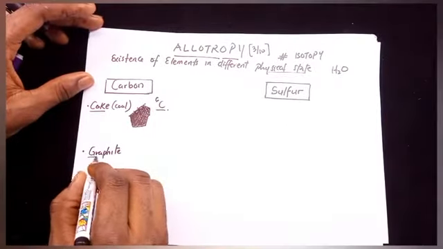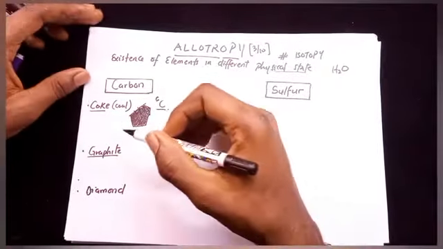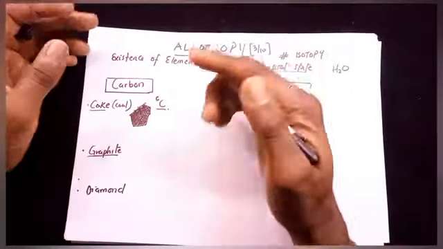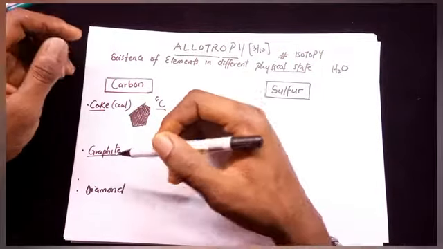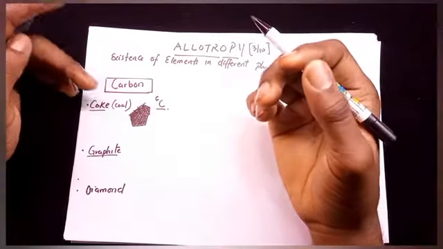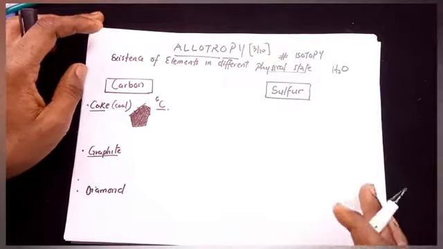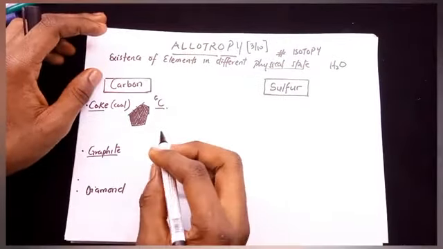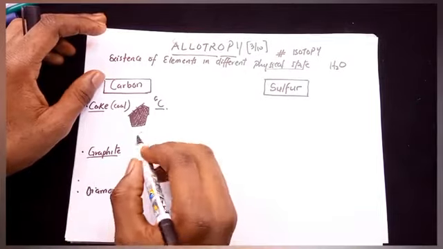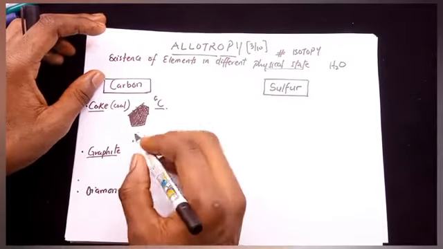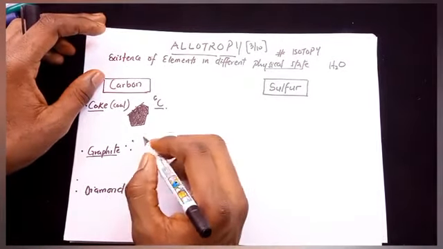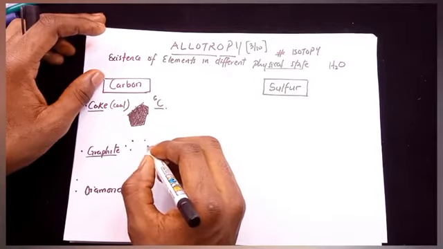Now, when we increase the order of the arrangement, we get graphite. Graphite is shiny in nature. The atoms in graphite are arranged in a very interesting way.